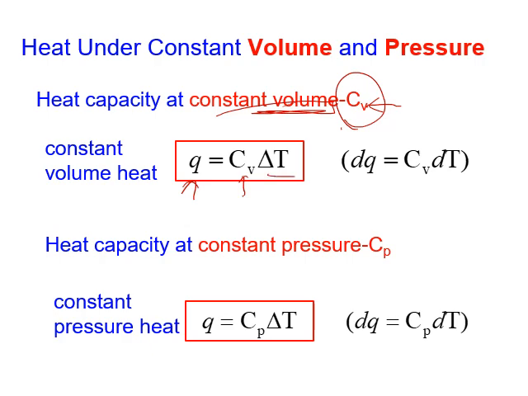Now, if the process is at constant pressure, then the heat capacity is written as Cp. P means constant pressure. That is how much heat you need to raise temperature 1 degree at constant pressure. So the heat under constant pressure is calculated by Cp delta T, constant pressure heat capacity times temperature change.